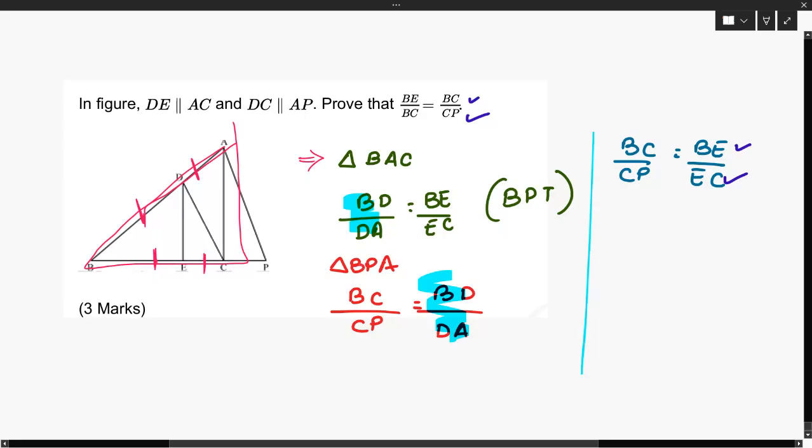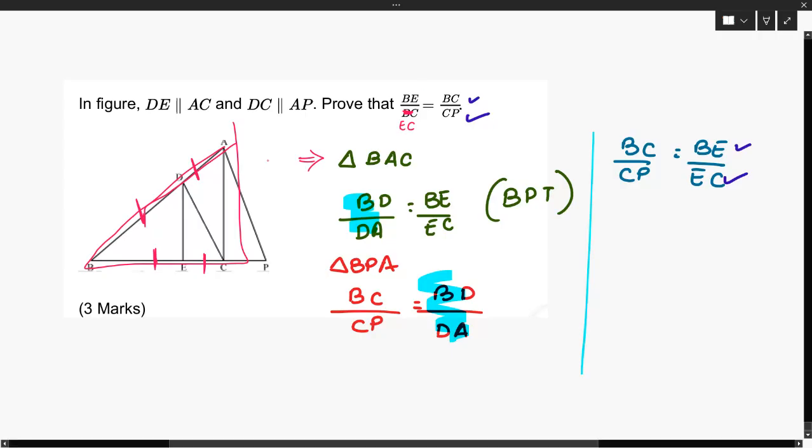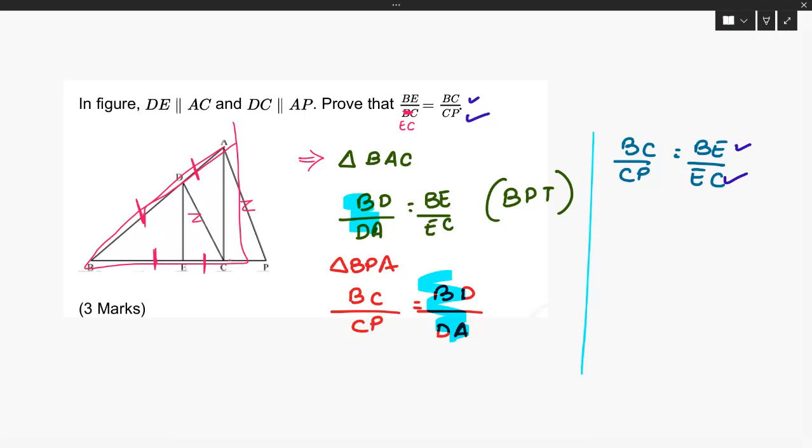BE upon BC. No, I think the question itself is wrong, because here it should be EC. It is not possible. We can use the basic proportionality theorem in this way only. DC was parallel to AP, so we take the bigger triangle wherein we have BC and CP. Yes, so that we have written properly.